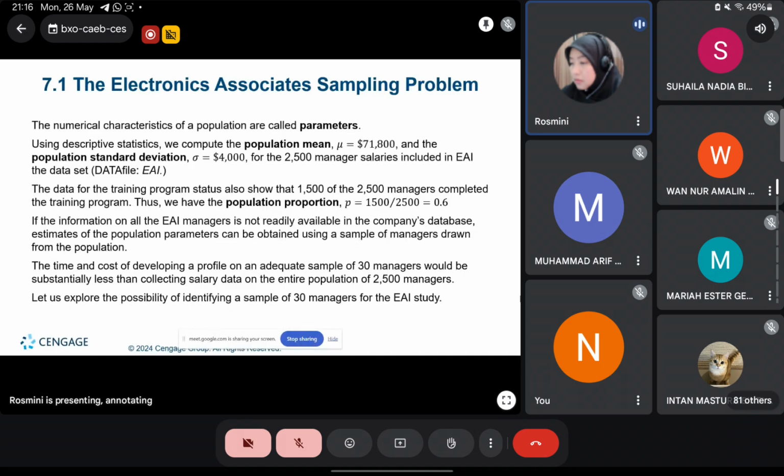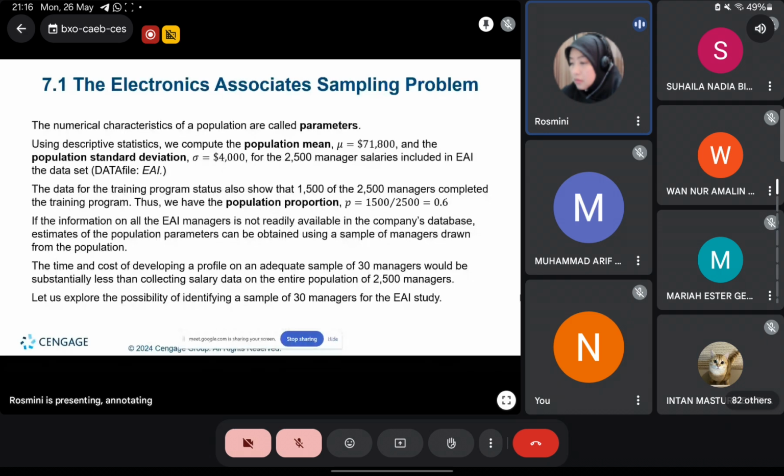So other than giving you the parameters of income and salaries, it is also given to you regarding the training status, whether that 2,500 employees, managers, completed it. Employee and manager are not quite the same thing, but they are inclined toward the same thing.